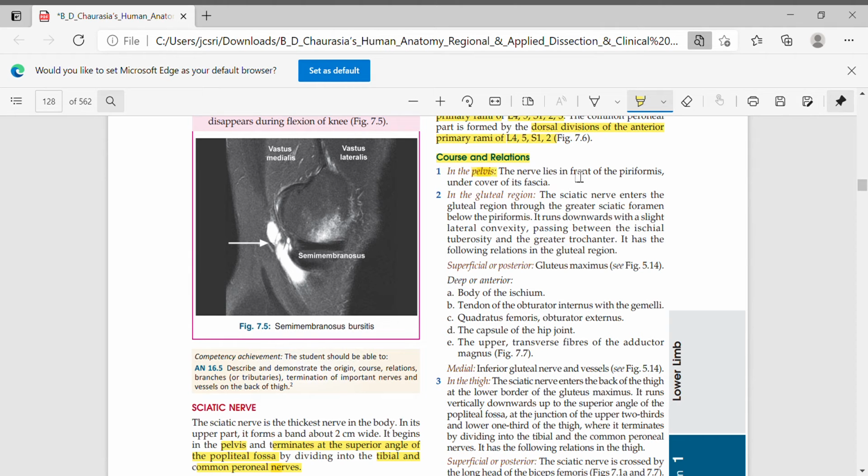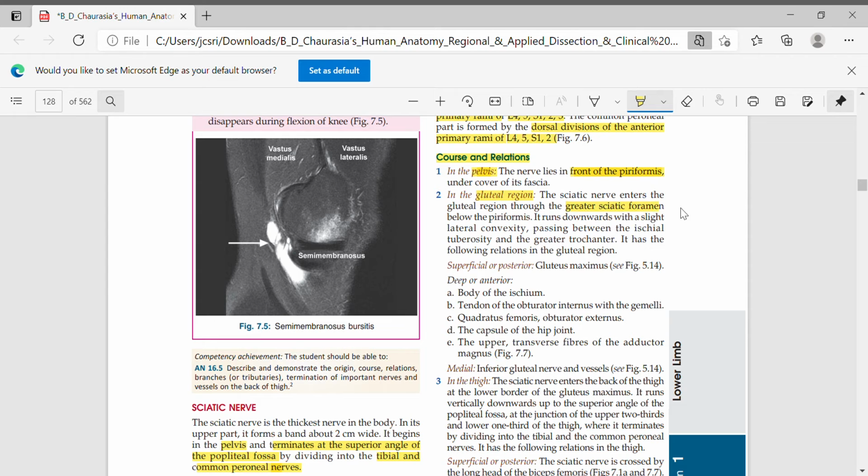In the front of the piriformis, under cover of its fascia. So the piriformis is the key muscle, as we mentioned. Here it lies in front of the piriformis. Now coming over to the gluteal region, it enters the gluteal region by piercing the greater sciatic foramen.